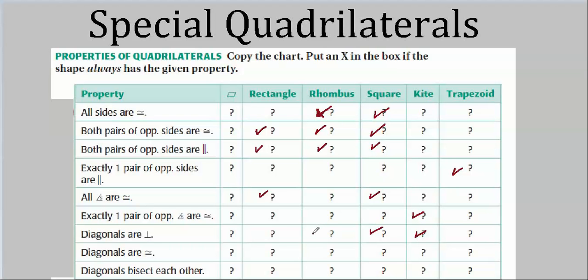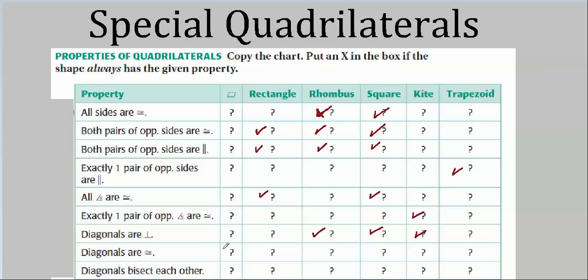A rhombus has perpendicular diagonals. A square, being a special case of a rhombus, would also have perpendicular diagonals. And a kite has perpendicular diagonals, we already showed why. So it's just those three.